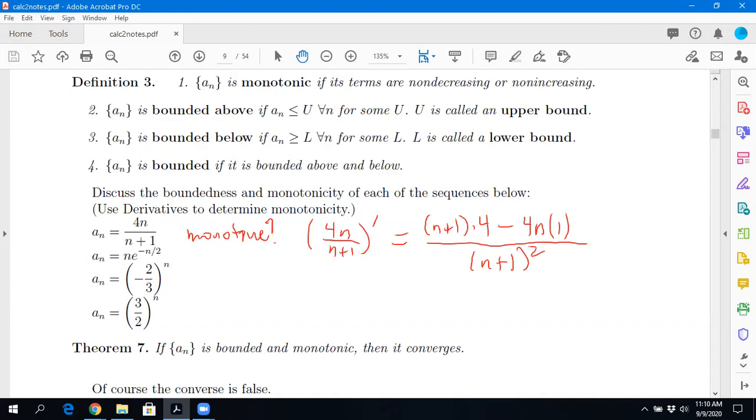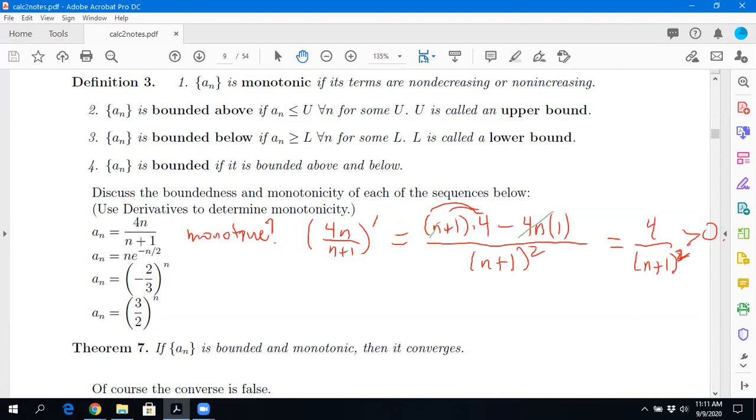Okay. So look, if I were to distribute this 4, what's going to cancel? 4n just cancels. And I'm left with, interestingly, 4 over n plus 1 squared. And what do you notice about that all the time? No matter what n value I plug in, that's always positive.